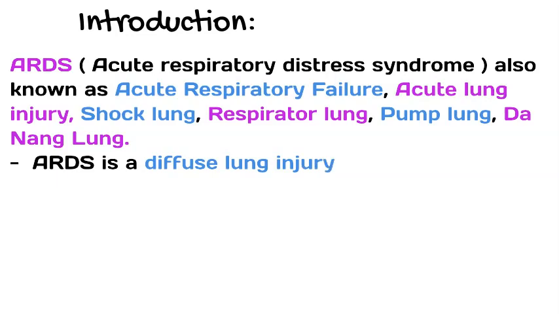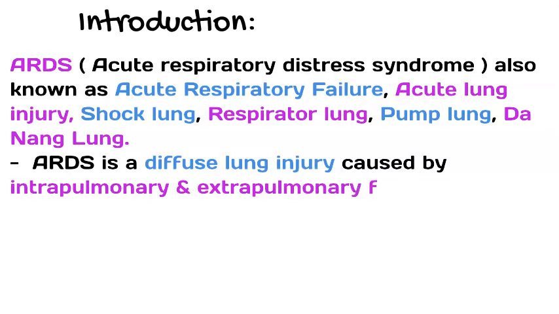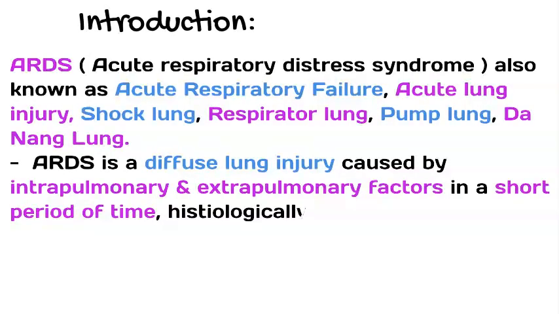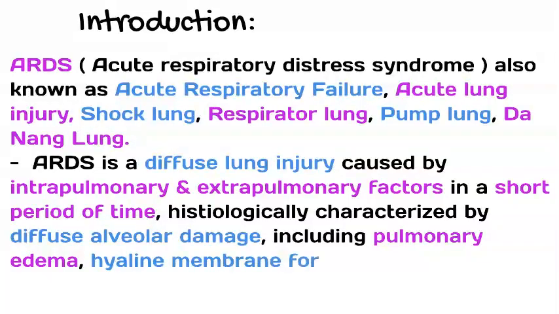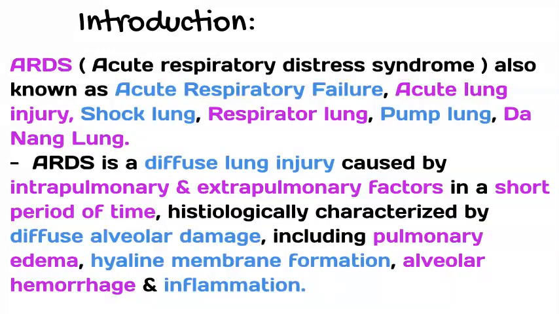ARDS is a diffuse lung injury caused by intrapulmonary and extrapulmonary factors in a short period of time, histologically characterized by diffuse alveolar damage, including pulmonary edema, hyaline membrane formation, alveolar hemorrhage, and inflammation.